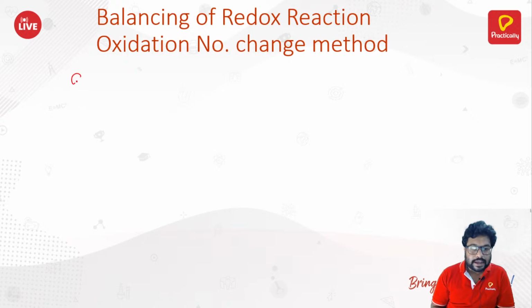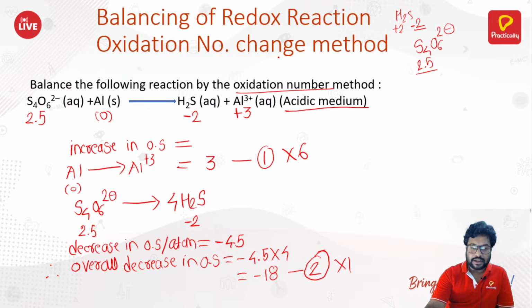Then you get S4O6 2 minus plus 6 aluminium is giving you 4H2S plus 6Al plus 3. Right? This is what you got here.